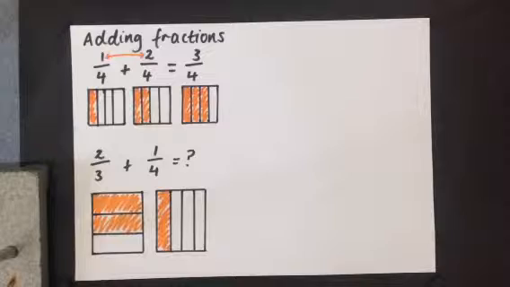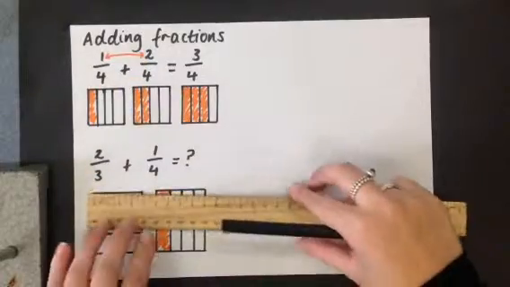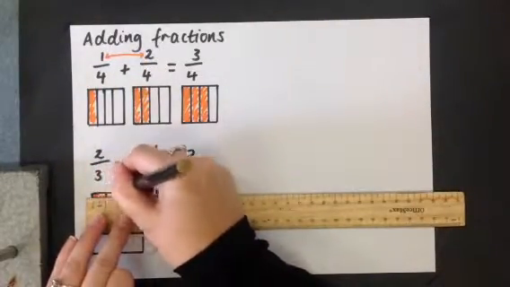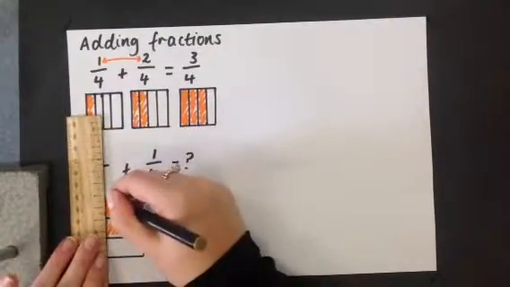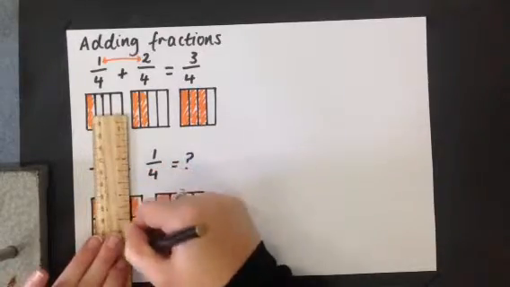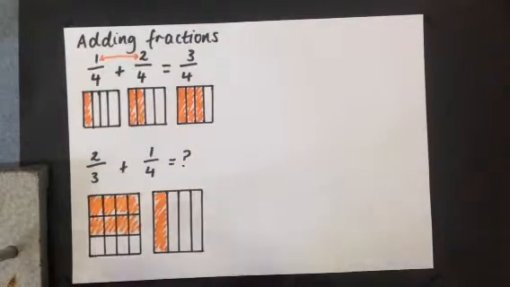So I'm going to divide my first box into quarters down. And my second box into thirds across.